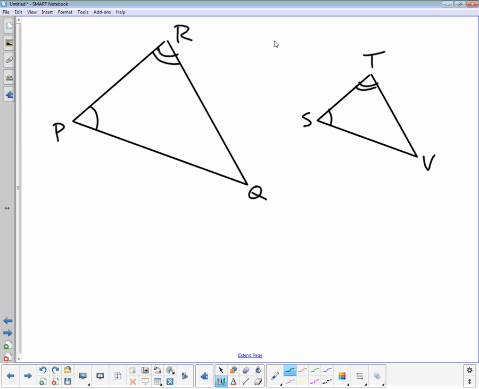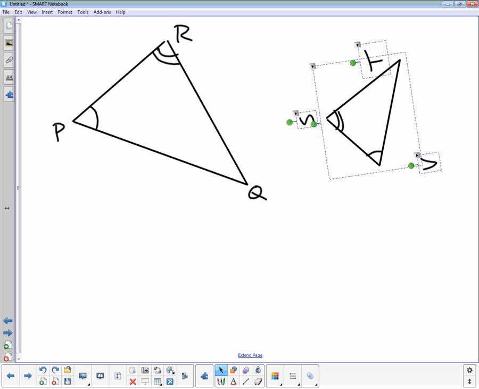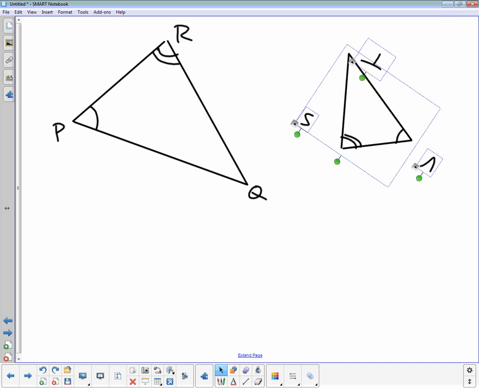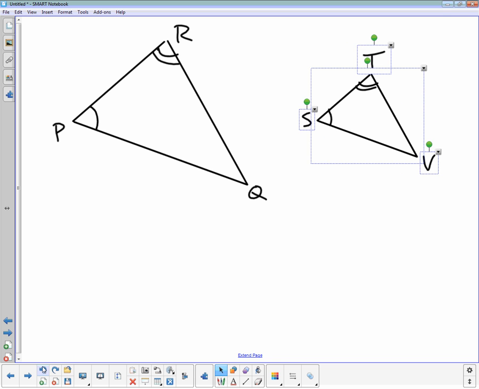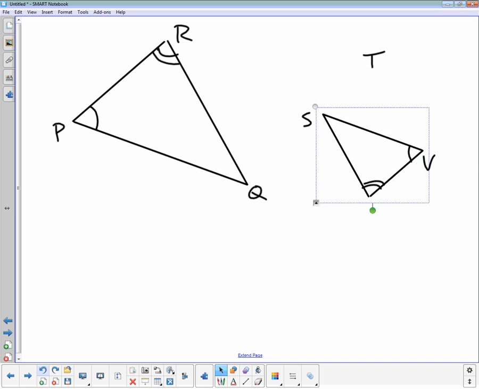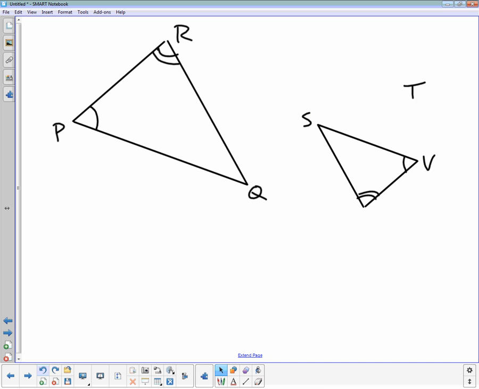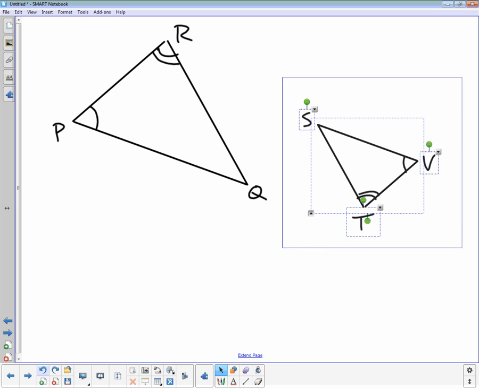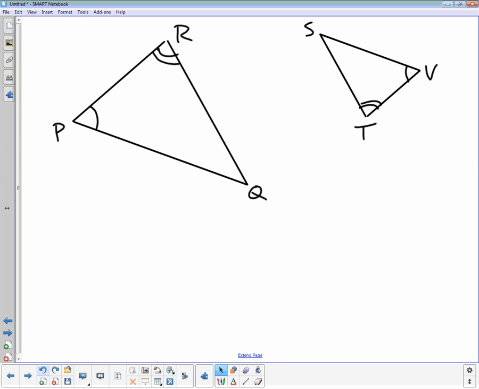Especially important when the two triangles aren't exactly lined up the same way on the page.